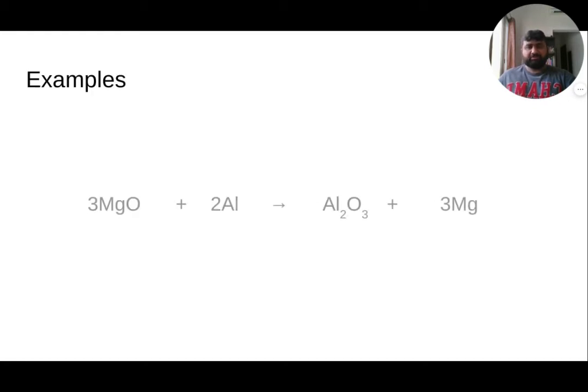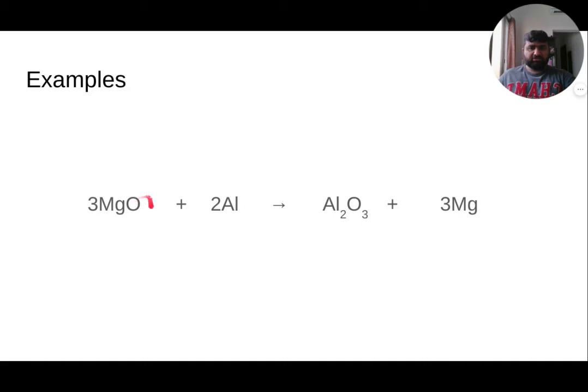Some examples now. 3MgO plus 2Al goes to Al2O3 plus 3Mg. Do not worry about these numbers. These numbers are just for balancing and used for stoichiometry and moles, not now. Look at the actual formulas and then decide what's happening. So what is happening to MgO? MgO goes to Mg.